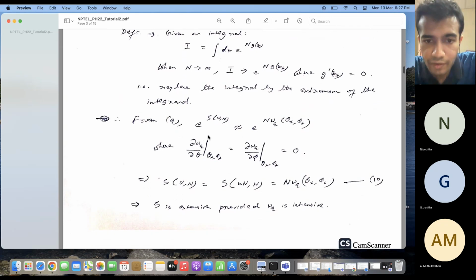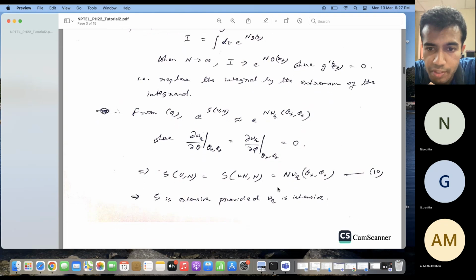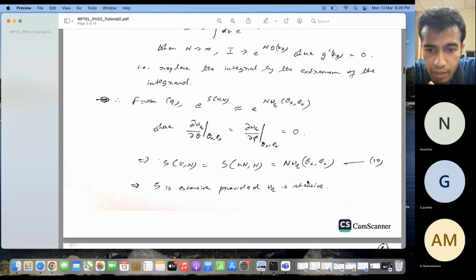Okay, so then from this we can read off the value of entropy as S of u comma n is equal to S of small u, n comma n, which is equal to n w(q), right?